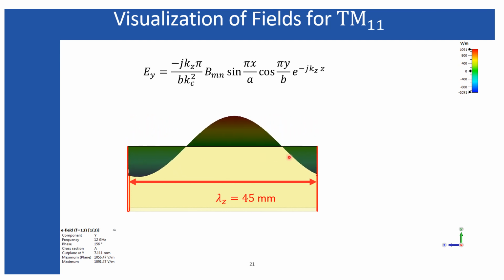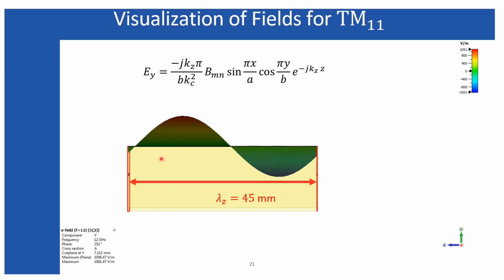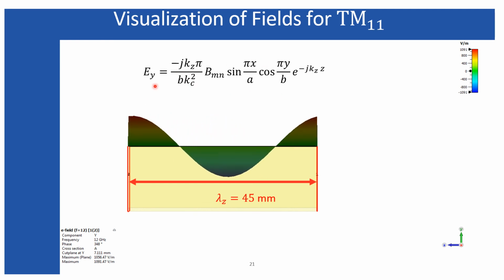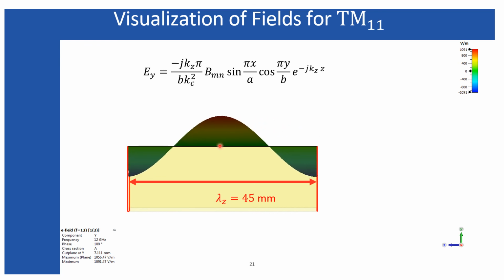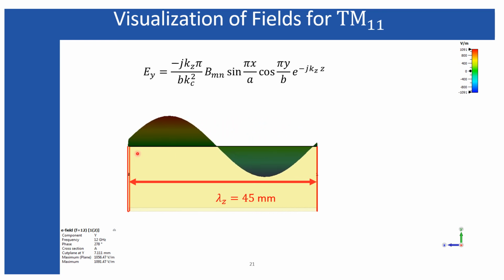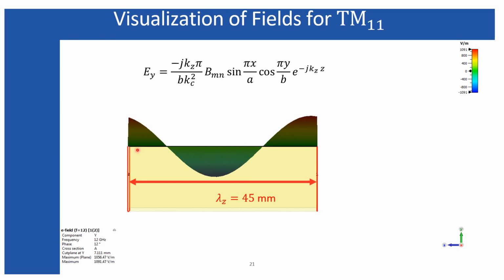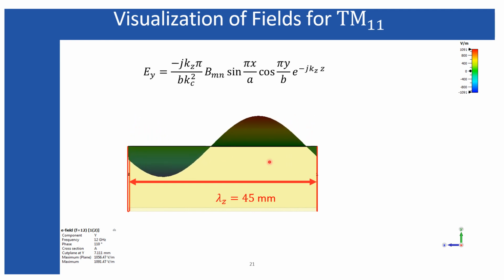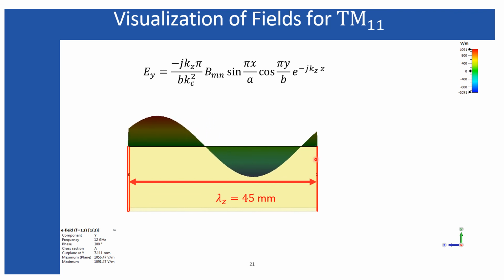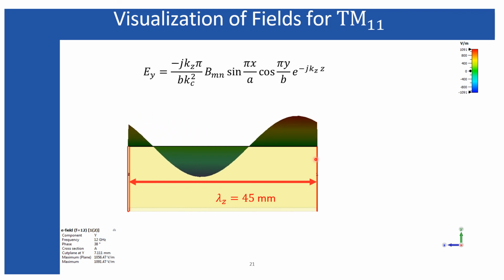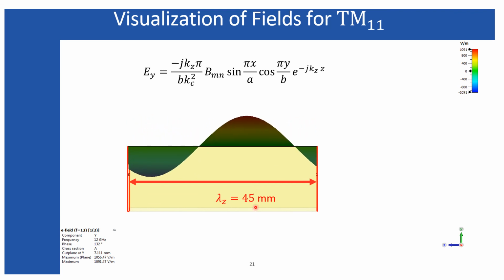This is the z direction, the direction in which the wave is propagating. Here I have assumed this EY component, so EY is forming the propagating wave, and only one wavelength occupies the entire length along the z direction, because the length of the waveguide I have designed is 45 millimeter.